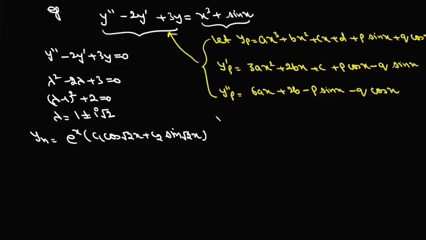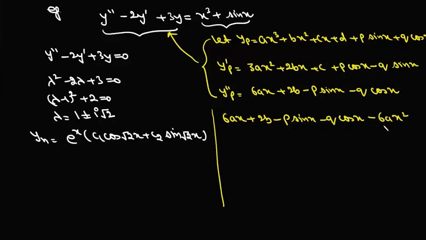So we can write 6ax plus 2b minus p sin x minus q cos x minus 2y dash p. So there will be minus 6ax square minus 4bx minus 2c minus 2p cos x minus 2q sin x plus 3y.